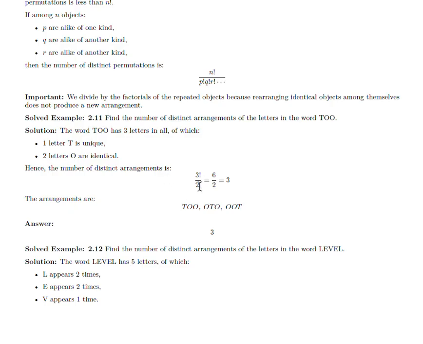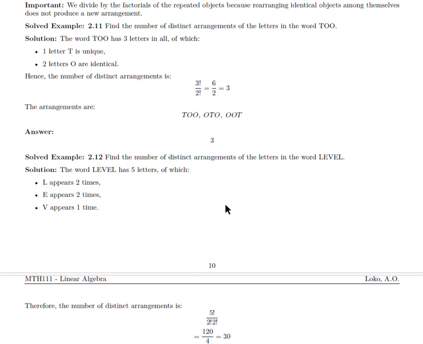So divide by 2 factorial, and that's 6 over 2, which is 3. So the arrangements are 3, and these are the arrangements without repetition for that word. I hope you understand. You see that there are no other distinct ways of arranging this word because of the repeated letter.